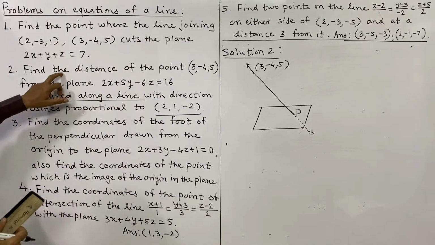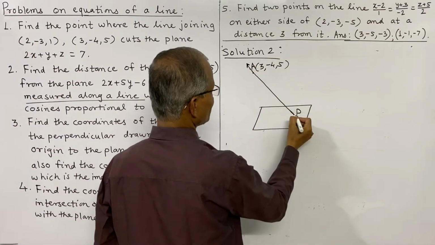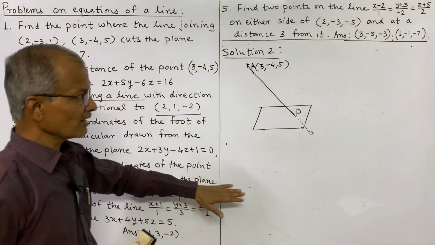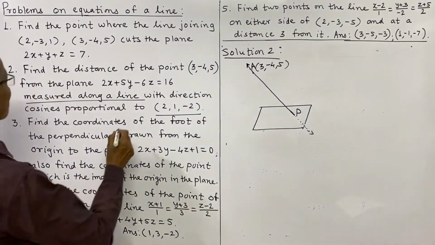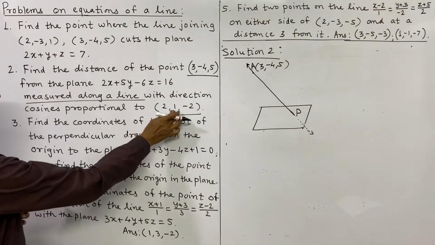Find the distance of this point. Suppose this point is A and this point is B. First, we shall have to write, as in earlier case, the equation of line AP. So that means the line passing through this point and having DRs 2, 1, minus 2.